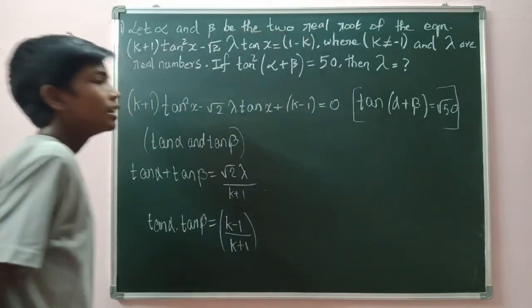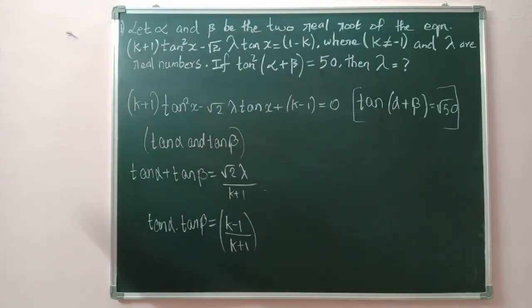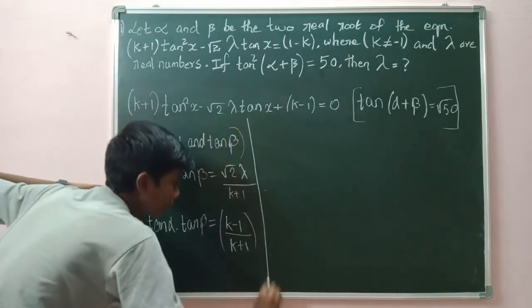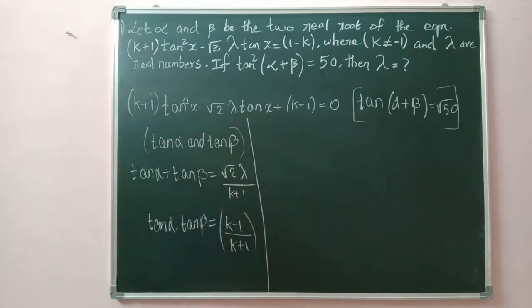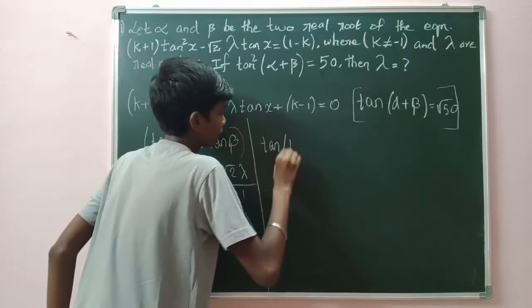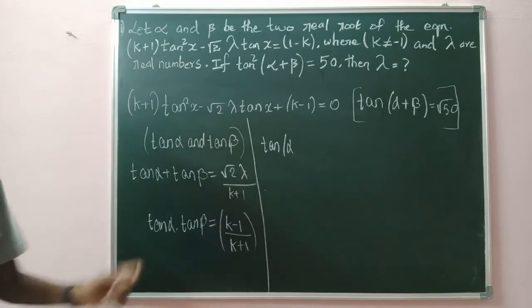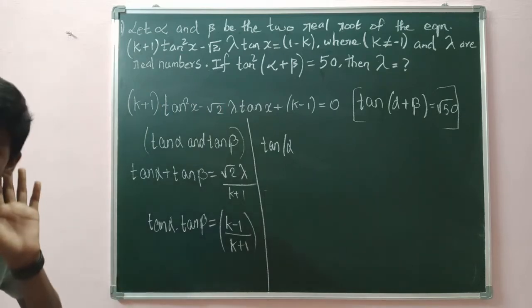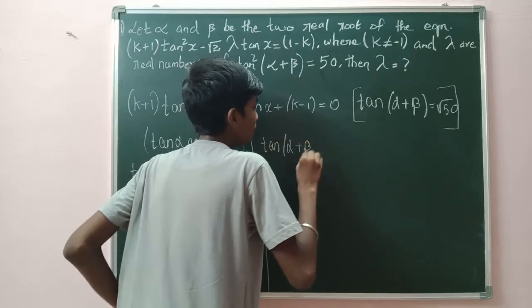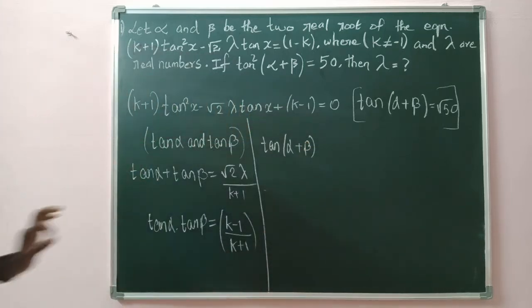Now after this, it's going to be very simple. Let me take this one part. People, what will be tan of alpha plus beta? Don't tell me that tan of alpha plus beta is root 50. That's a relationship. I am asking what is tan of alpha plus beta in terms of your trigonometry formula.